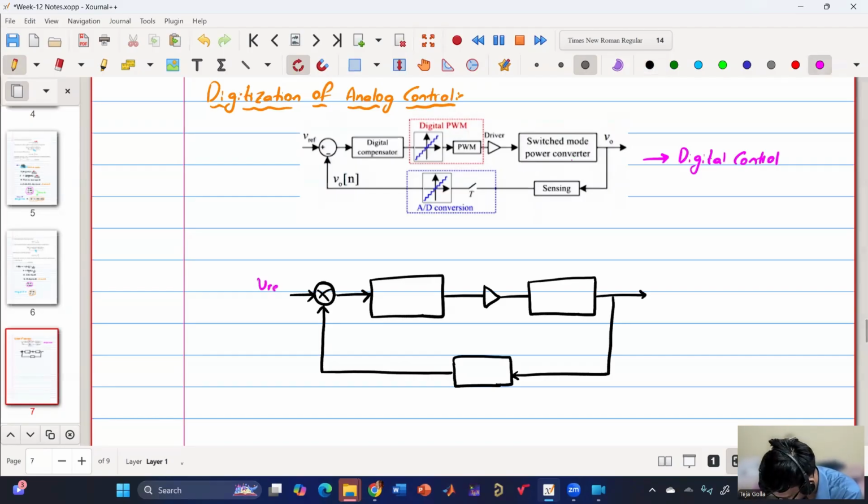And so we have V reference. This is V naught, everything in time domain. This is the analog compensator, because this is analog. So we have analog compensator, and then we have driver here, and then we have switch mode power converter, SMPC, and then we have sensing. So this is our analog control.